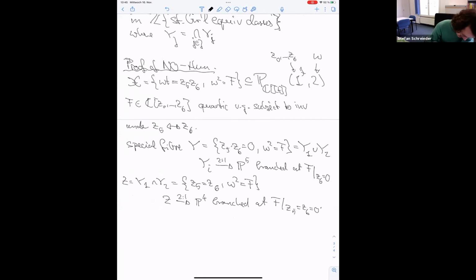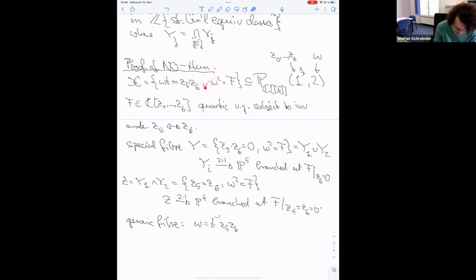Okay, so what about the generic fiber? Well, for the generic fiber, we can invert T. So we can solve here for W, and W will just be this expression.